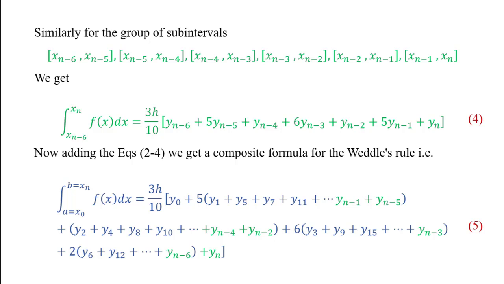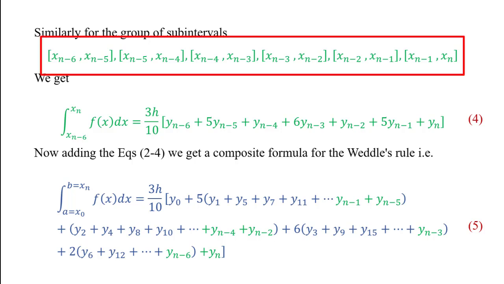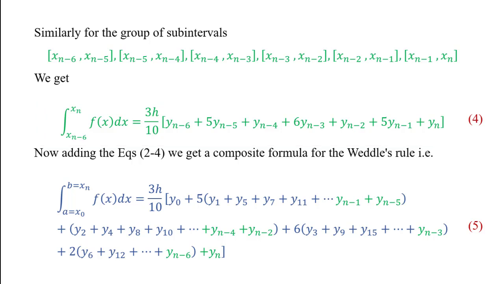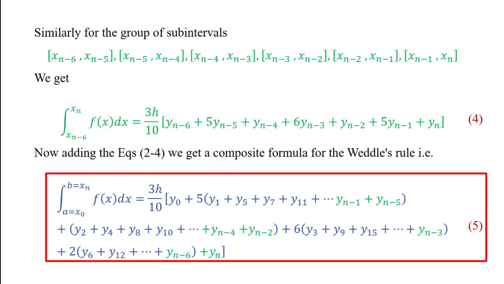For the last group of 6 subintervals, we get 3h over 10 times yn minus 6 plus 5yn minus 5 plus yn minus 4 plus 6yn minus 3 plus yn minus 2 plus 5yn minus 1 plus yn. Now adding equations 2 to 4, we get a composite formula for Wedel's rule, that is given in equation 5. So this is the composite form.